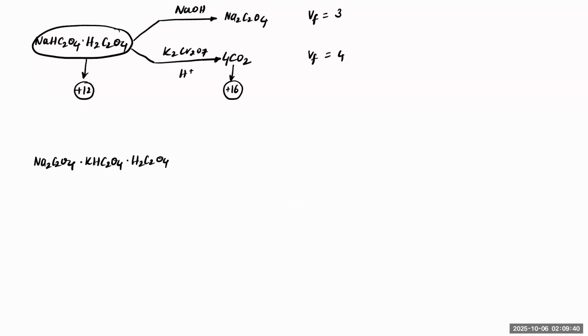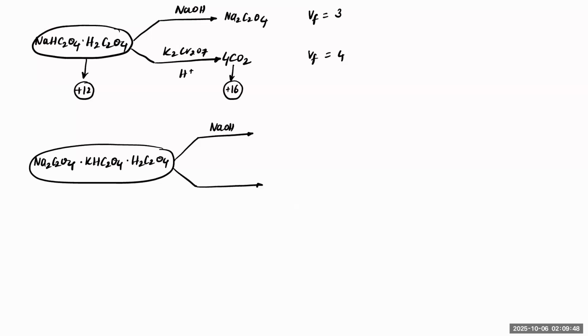This is a salt I have given, and I want you to treat that with NaOH once and K2Cr2O7 in acidic medium once. So this will convert into Na2C2O4, because here you will assume only an acid-base reaction, and here you will make a redox reaction. So in a redox reaction, how many? 6 moles of CO2 will be formed here.